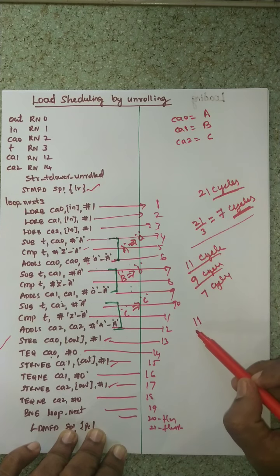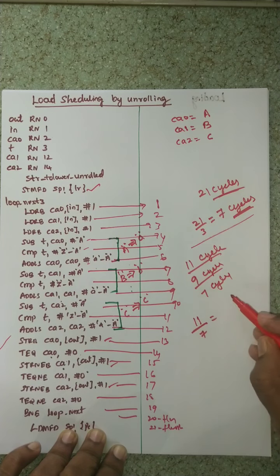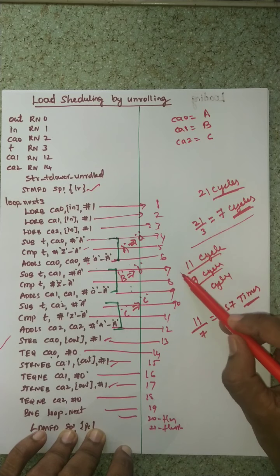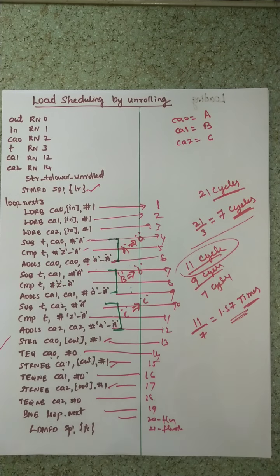The ratio 11 divided by 7 is approximately 1.57 times improved over the original assembly code. So we have optimized the assembly code further compared to the preload technique.